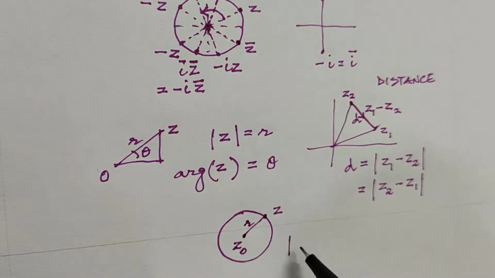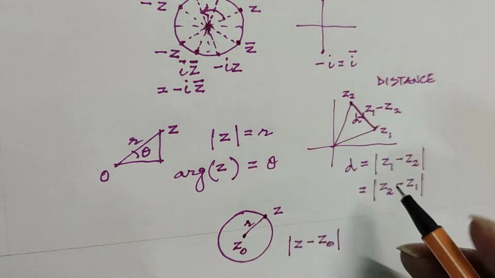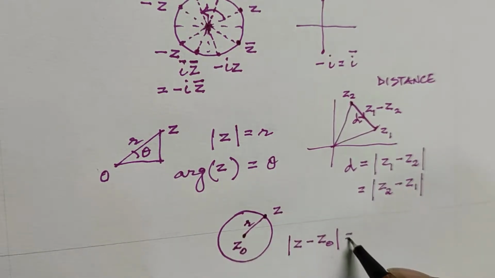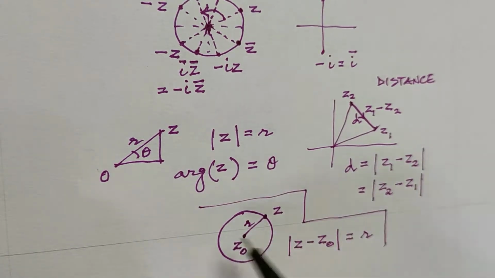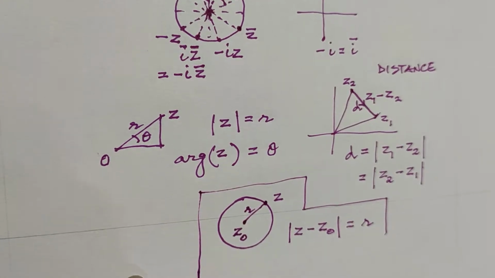So the equation of a circle is modulus of z minus z0, that is the distance between 2 points, equal to r. As simple as that. This is the equation of circle. Please note it. It's very simple and very useful. It will be used in many different places.